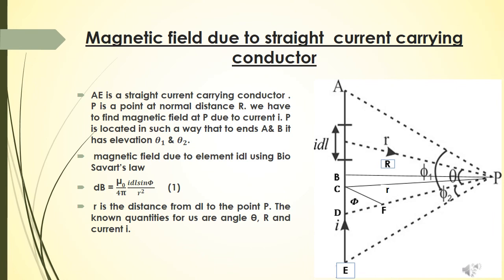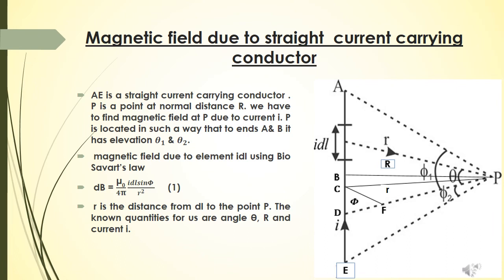Now, we take any one small portion of the current carrying conductor, which is an ideal conductor as we suppose, and we will find the magnetic field of this small portion. Then we will integrate it from A to B to get the total magnetic field of this whole current carrying conductor.